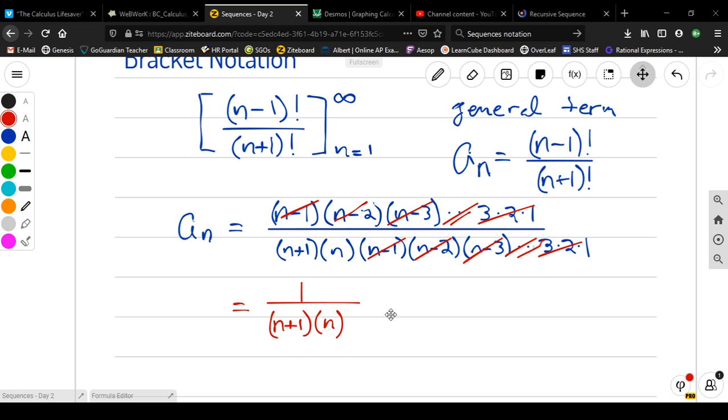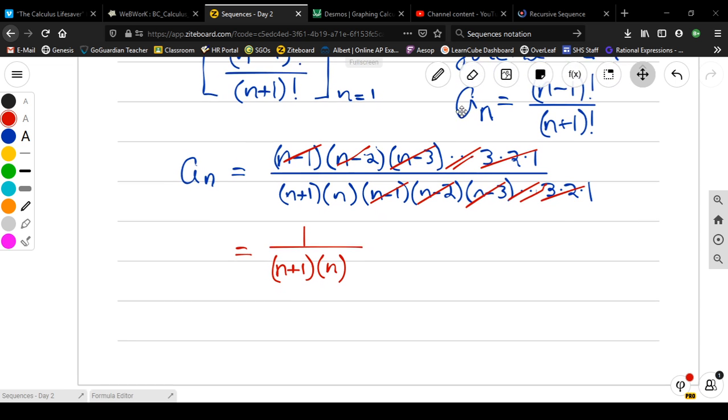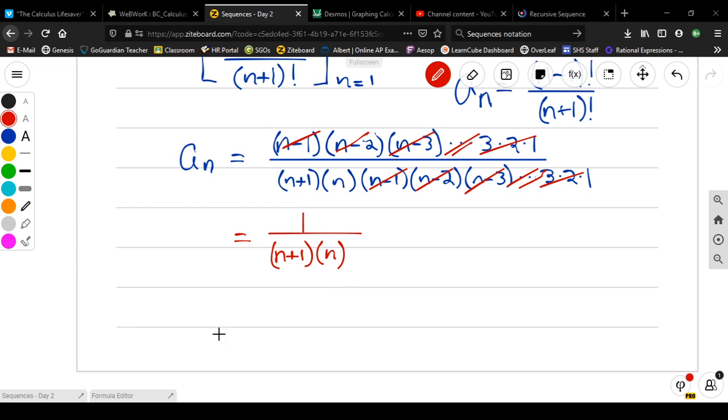In which case, if we write out the first few terms of the sequence, for the first term, we plug in 1, you're going to get 1/2. Plug in 2, you're going to get 3 times 2, or 1/6. Plug in 3, you're going to get 4 times 3, which is 1/12.